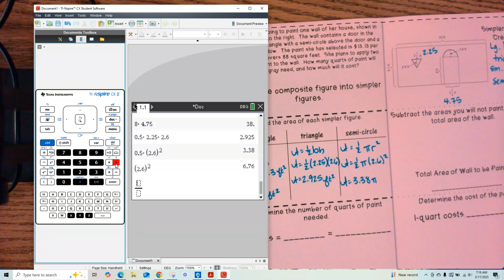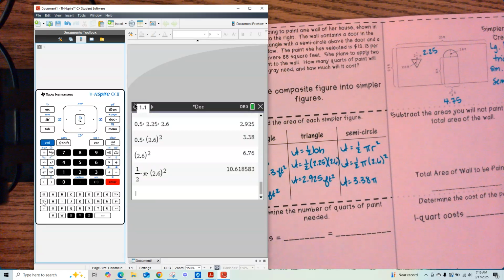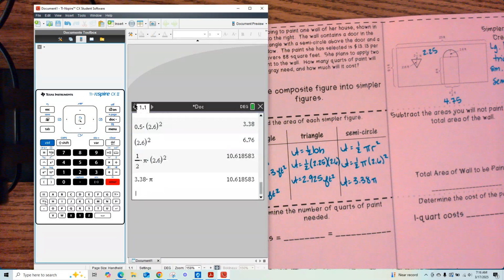Hang on, guys. Let me look really quick here. Let me do the whole thing and see what I get. Yep, that's right. So 3.38 pi. I just wrote the wrong thing down.